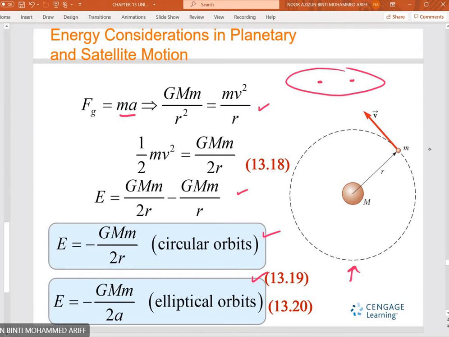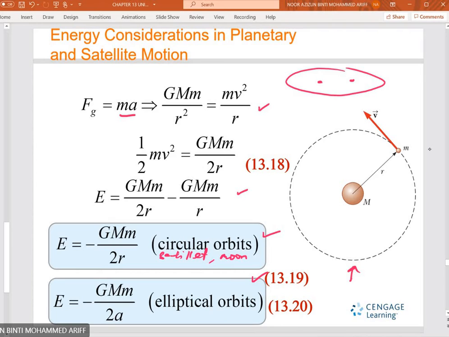Usually a true circle is like a satellite, our moon. It is a true circle because our earth is one point or one center.